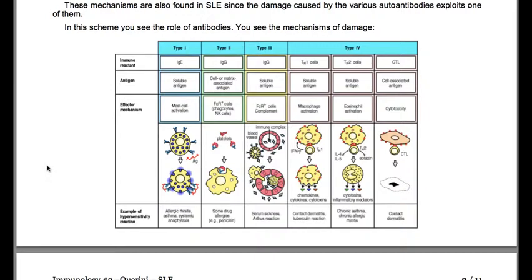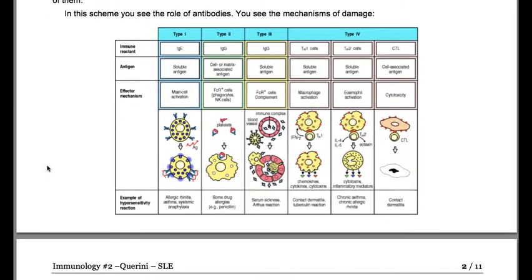In this scheme, you see the role of the antibodies, you see the mechanism of damage. IgE leads to mast cell activation, IgG to FcR cells like phagocytes and NK cells. In type 3, IgG, we have FcR cells and complement, Th1 macrophage activation, Th2 eosinophil activation, CTL cytotoxicity.